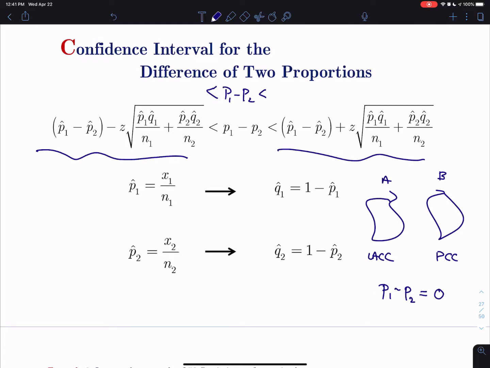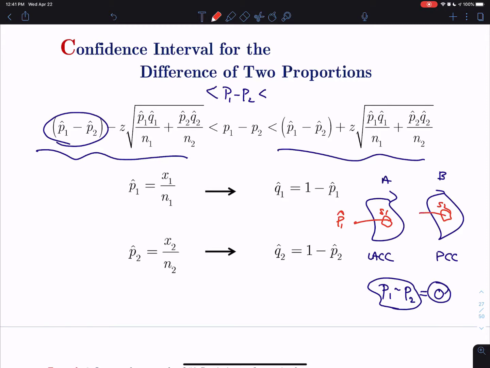So basically, you're trying to find, and since you don't know what P1 and P2 are, how do you subtract two things you don't know? So we're hoping that it's 0, but we don't know what it is. So therefore, we estimate it. And how do we estimate it? We estimate it using the sample percentages. So we take a sample from each population, sample 1, sample 2, and then we find a percentage of the first sample, P1 hat, not P1, because it's a sample percentage.